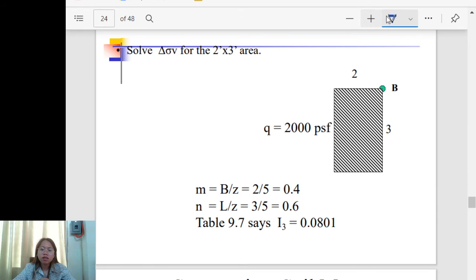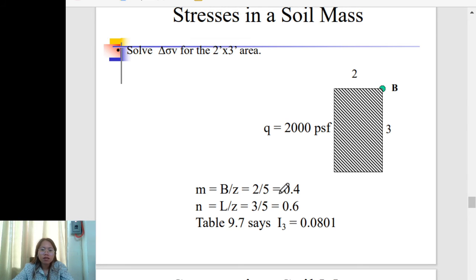Then for the small area, you find its values. Your M here is always the short dimension, so B is 2 divided by the depth, 5 feet, so that is 0.4, and your N is 3 divided by the depth 5, that is 0.6.